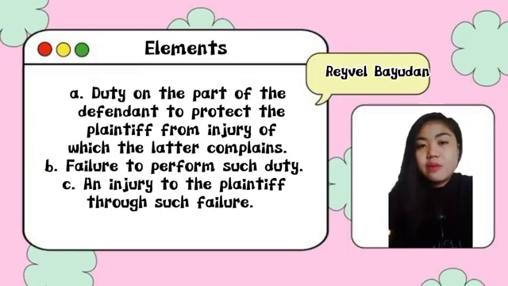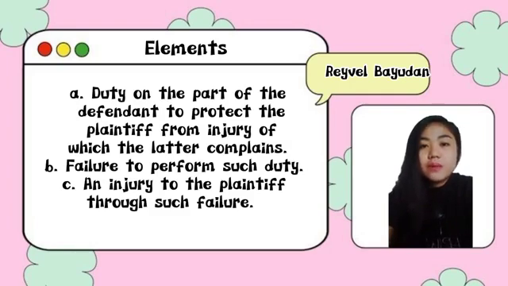There are 3 elements of negligence. First is duty to perform, or duty on the part of the defendant to protect the plaintiff from injury. So, sinasabi niya dito na you should have a duty to protect the plaintiff against injury or pain.